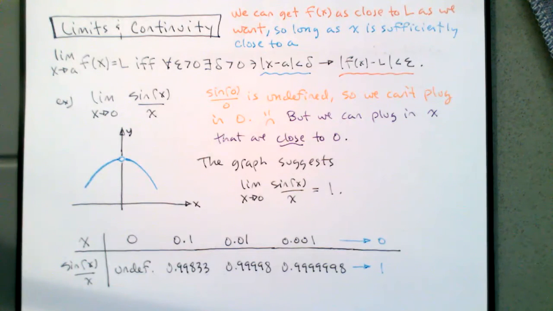To fit the definition, if I can pick any value of epsilon, I can make sine x over x as close as I want to 1, so long as I make x sufficiently close to 0.